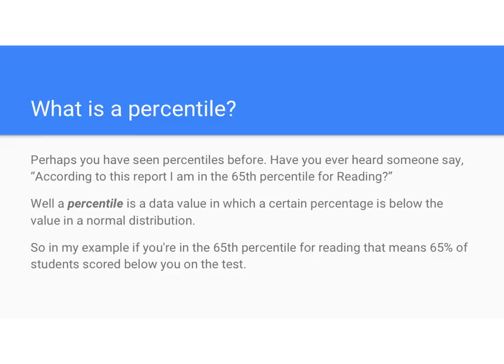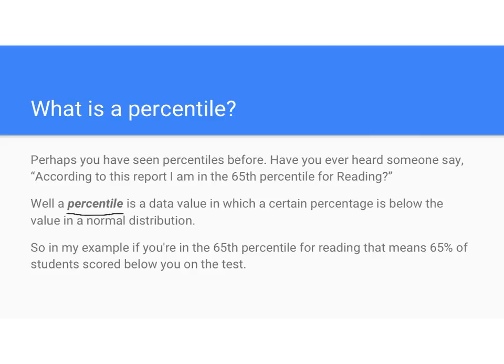Perhaps you've heard before, maybe from a test score like an SAT or a PSAT, that you're in the 65th percentile for reading, for example. Well, a percentile is a data value in which a certain percentage is below the value in a normal distribution.